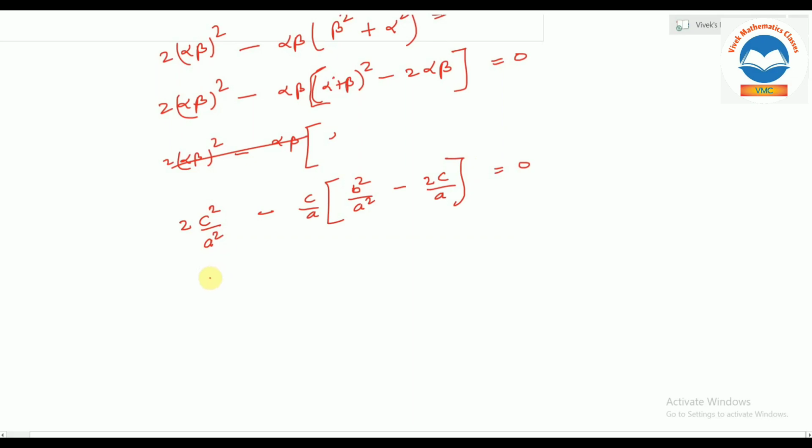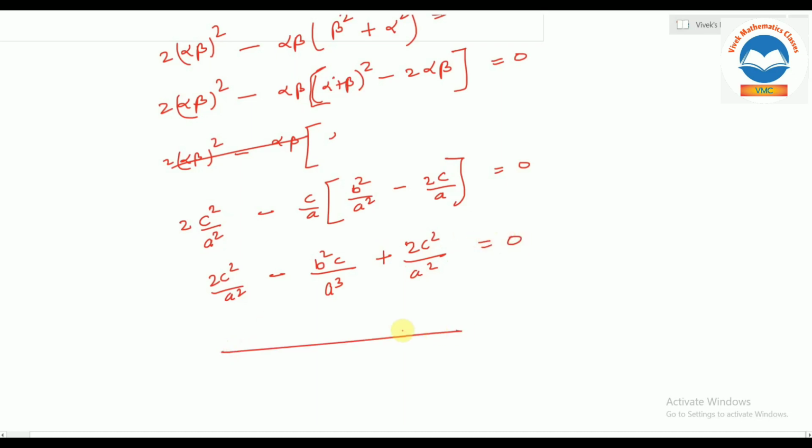Here we will get 2c square by a square minus b square c divided by a cube, minus minus plus 2c square divided by a square, and this will be equal to 0.